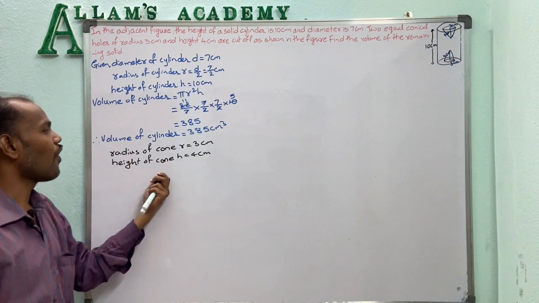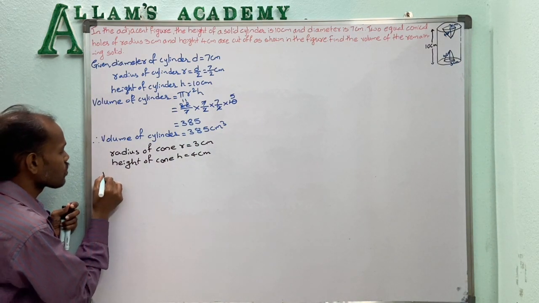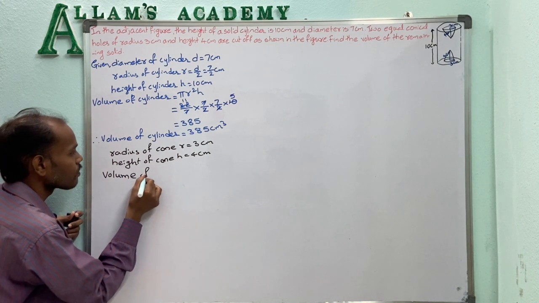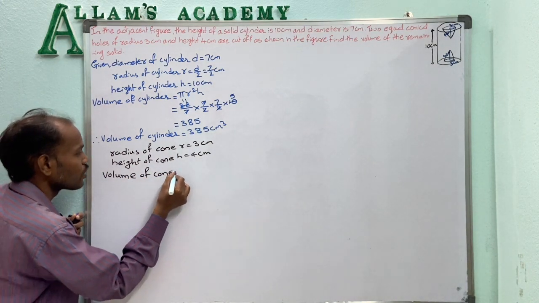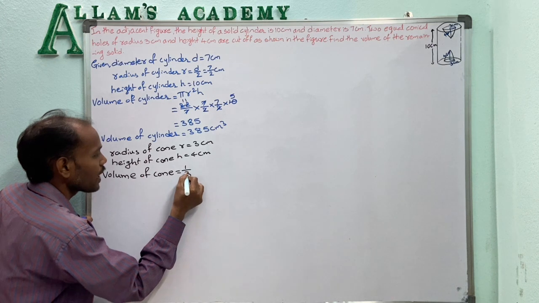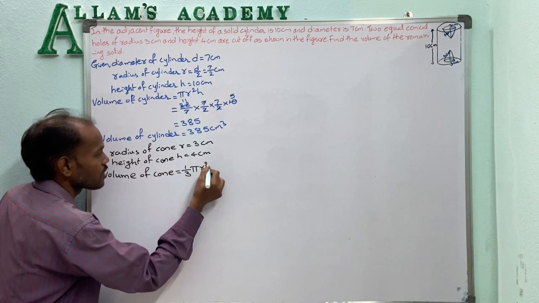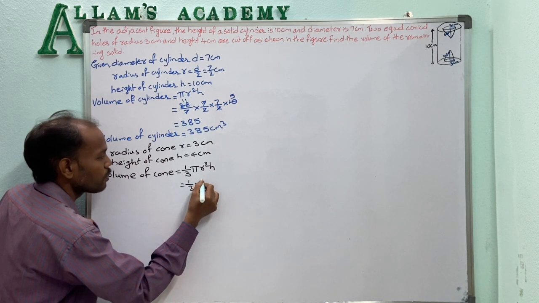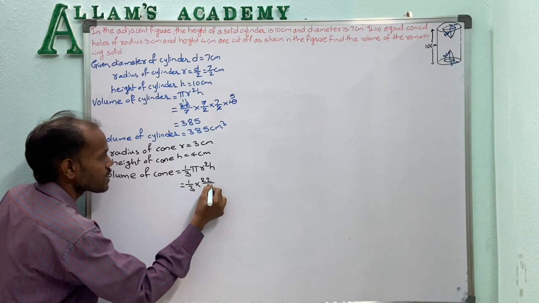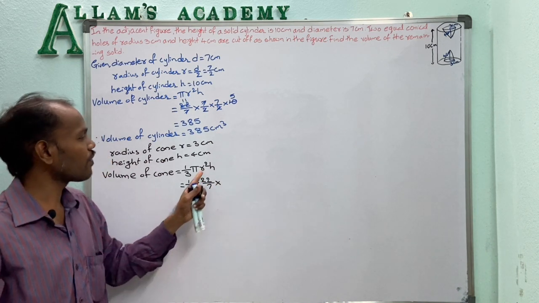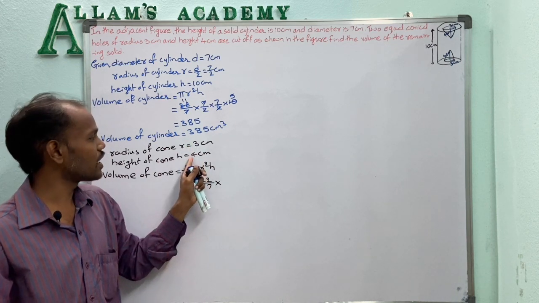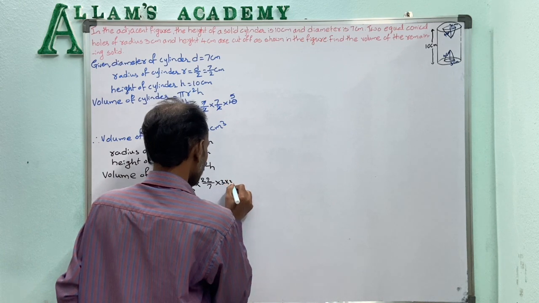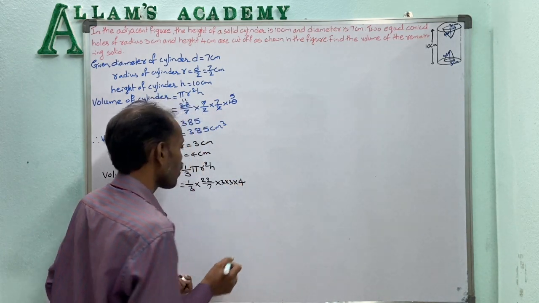So now volume of cone equal to 1 by 3 pi r square h. So 1 by 3 into pi equal to 22 by 7 and r value is 3 and h value is 4. So 3 into 3 into 4.